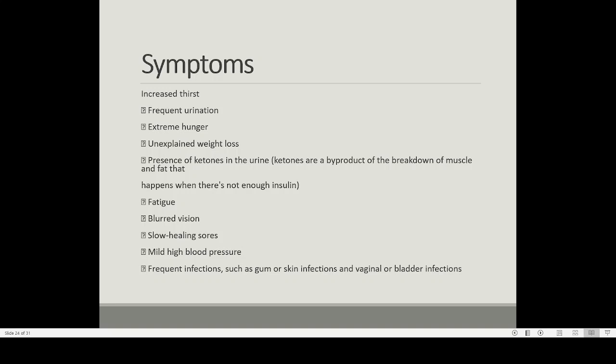Ketones are actually a kind of byproduct. When the fat in the muscles is utilized for glucose formation, there will be a byproduct known as ketone bodies, such as acetoacetic acid.